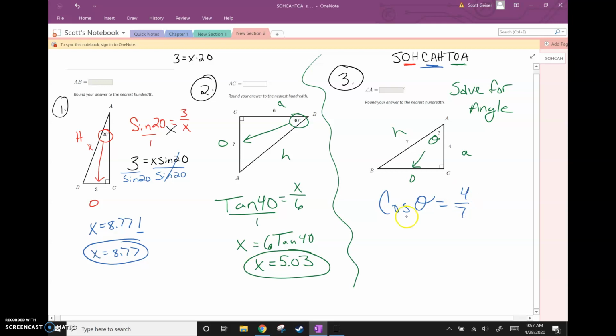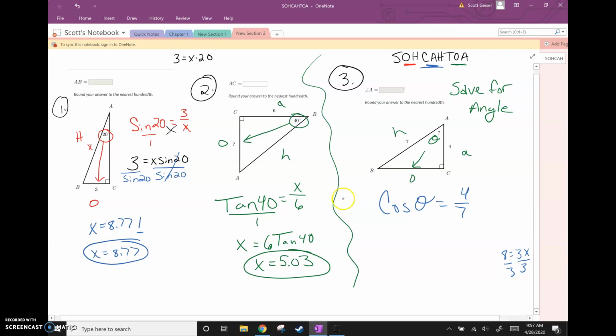Okay. Now I can't just divide by cosine, but I want to get the theta by itself. So technically what I'm going to do here is I'm going to multiply both sides by what's called the inverse cosine. Okay, just like if I had 8 equals 3x, I would do the inverse, which is division, to divide. Okay, but I can't just divide. So to cancel out or to take the cosine to the other side, I have to use what's called the inverse cosine.